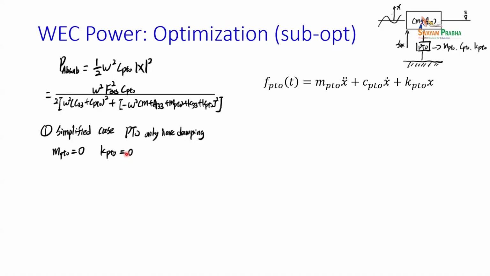I say most cases, right, because the shunt has a resistor effect, and if you implement active control, then you can have positive stiffness or negative stiffness. Let us say a suboptimal system in which we only optimize the PTO damping, right? How to optimize the PTO damping?